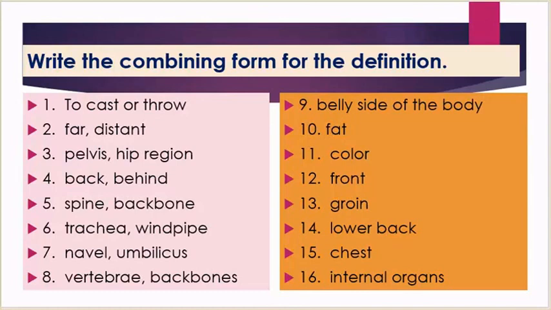Number 6, trachea or windpipe. Number 7, navel or umbilicus. Number 8, vertebrae or backbones. Number 9, belly side of the body. Number 10, fat.